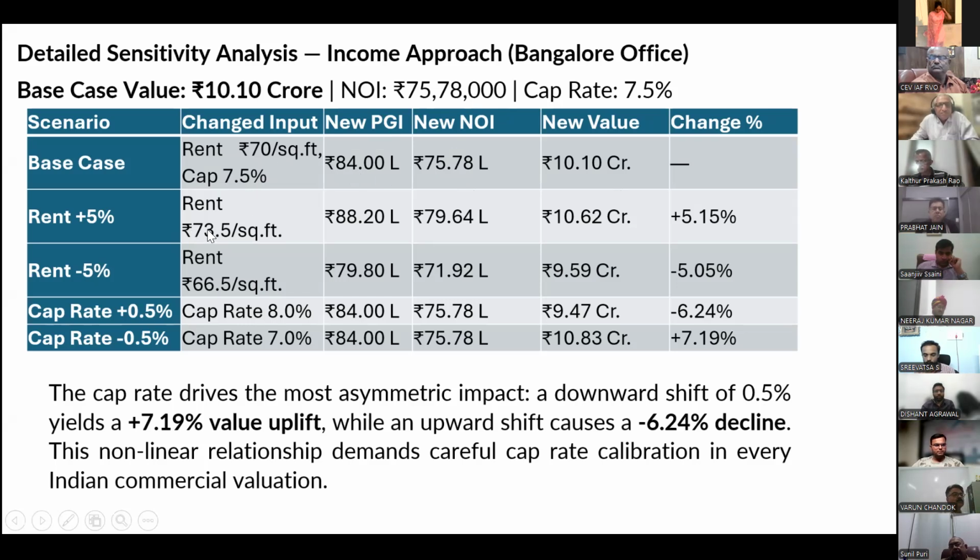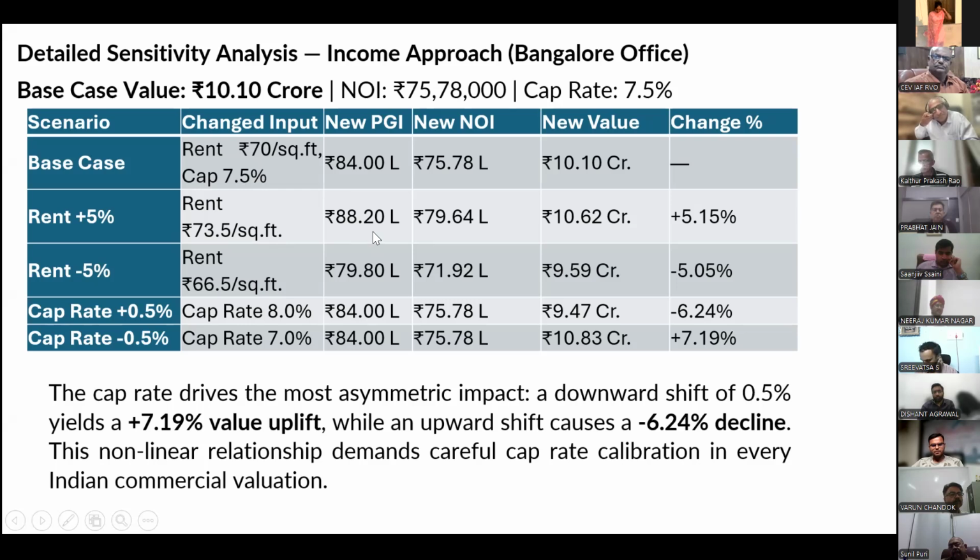Now see, if we change the rent to 73, sorry, 73.5, means an increase by 3.5 rupees. This is how the sensitivity analysis is done in case of income approach.